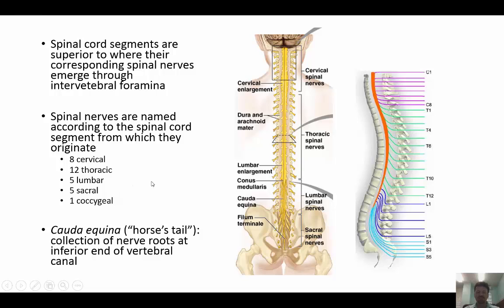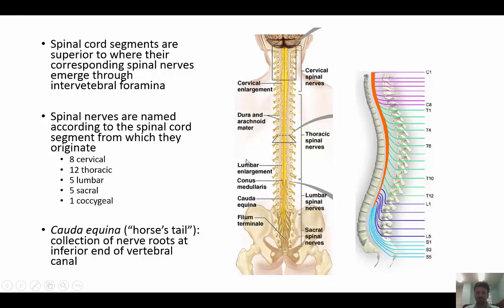One of the interesting things to note is that the vertebral column is actually longer than the spinal cord. As a result, the nerves that leave the lower segments of the spinal cord all have to move downwards before they exit the vertebral column. And this creates a mesh of nerves, which is called the cauda equina, or horse's tail, because of how it looks anatomically.